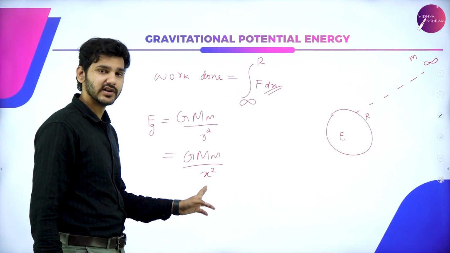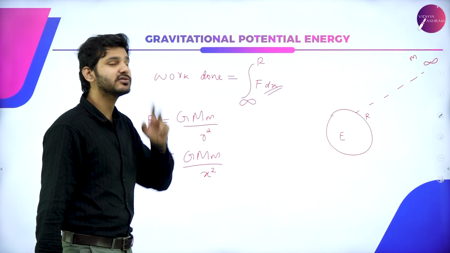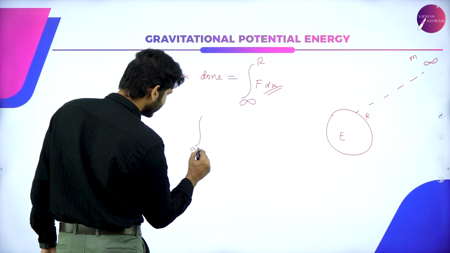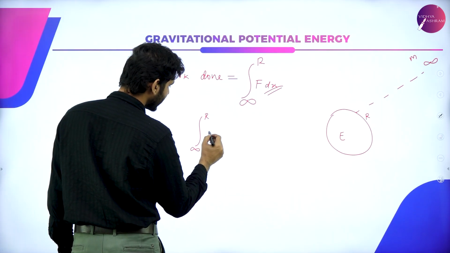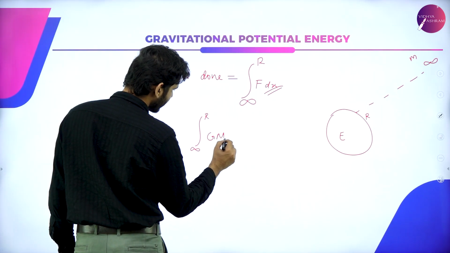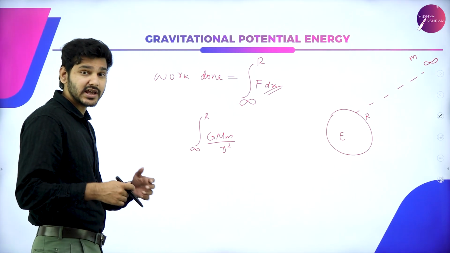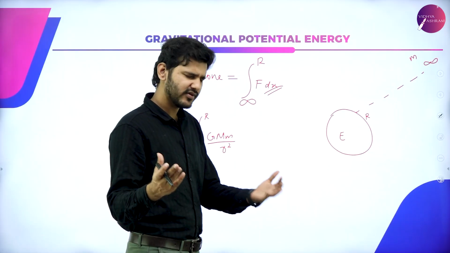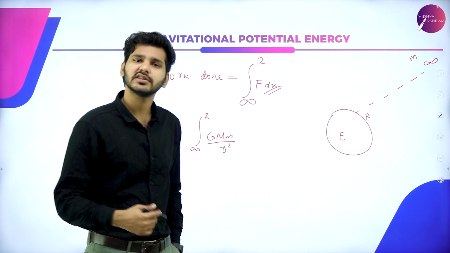So for force, we have an equation. Now we are going to substitute this equation into this derivation. So we get the equation as integral from infinity to r. Instead of f dot dx, we are going to write G M m divided by x squared. And if anybody has any confusion about f dot dx, where is the cos theta? We are just assuming that force and displacement are along the same line.